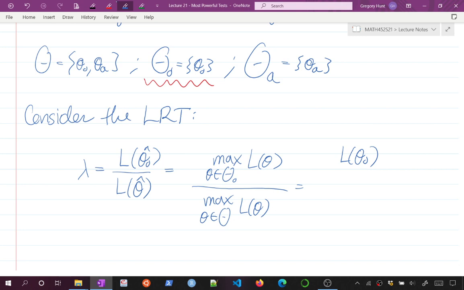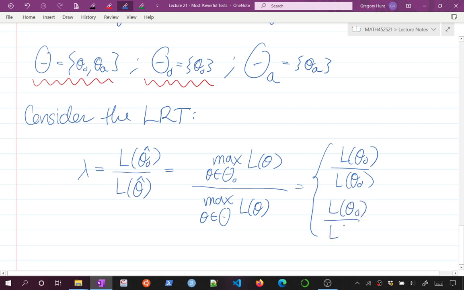We're maximizing for the denominator over the combined space of little theta naught and little theta a. So we'll get two possibilities: either the denominator is again L of little theta naught, or the denominator is L of little theta a.